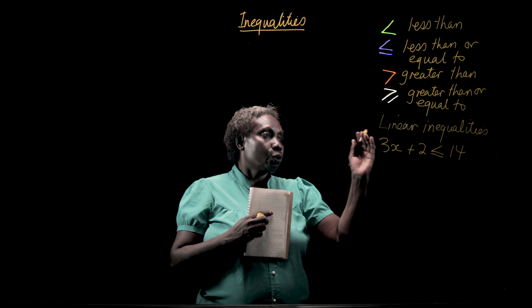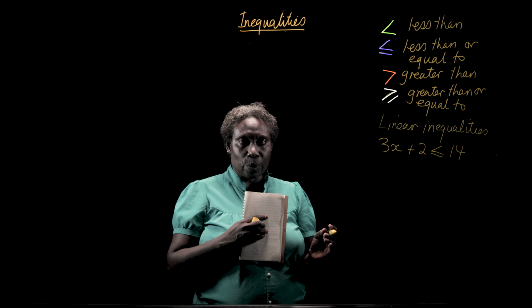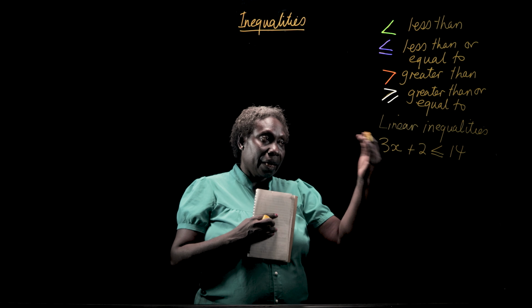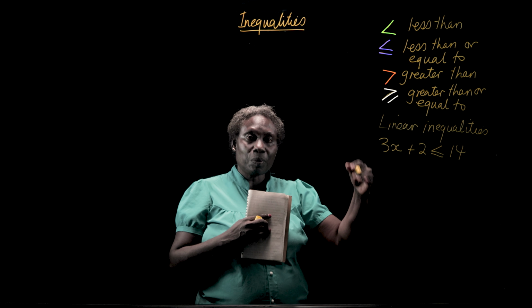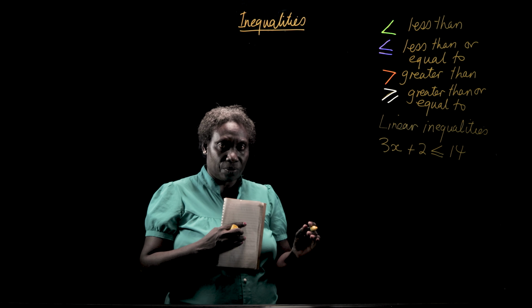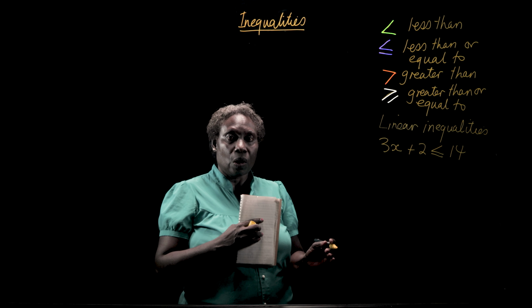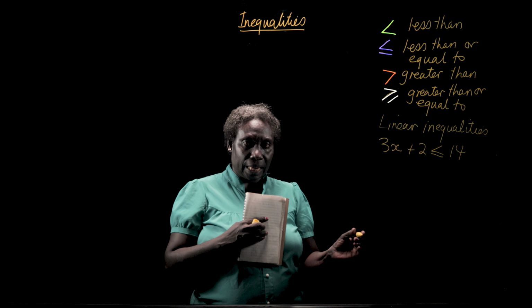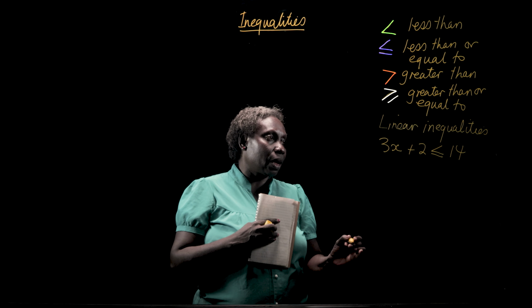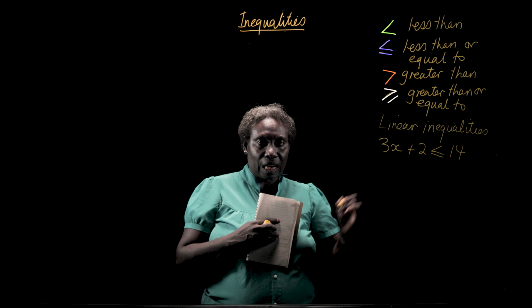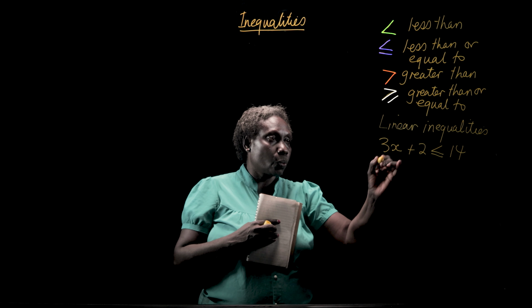What do we do to solve linear inequalities? We can add or subtract on both sides, and we can multiply or divide on both sides, just like when we solve linear equations. Here we have plus 2, so the first thing we do is subtract 2 on both sides of the inequality.